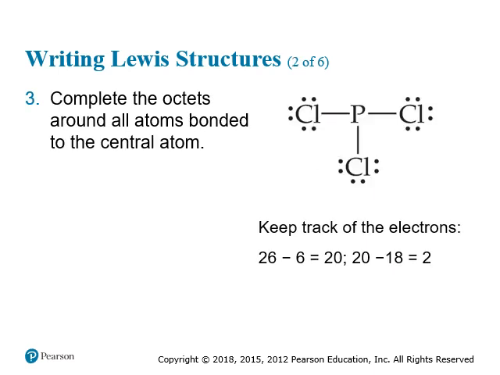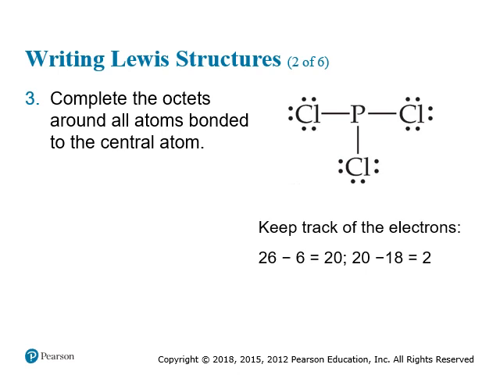We need to consider the octet rule. When entering into chemical combination, atoms tend to do so in an attempt to obtain the same electron configuration as the nearest noble gas, or obtaining an octet, or 8 valence electrons. So the next step in drawing Lewis structures is going to be assigning the external atoms, what we call the terminal atoms, an octet of electrons with those valence electrons that we're keeping track of.